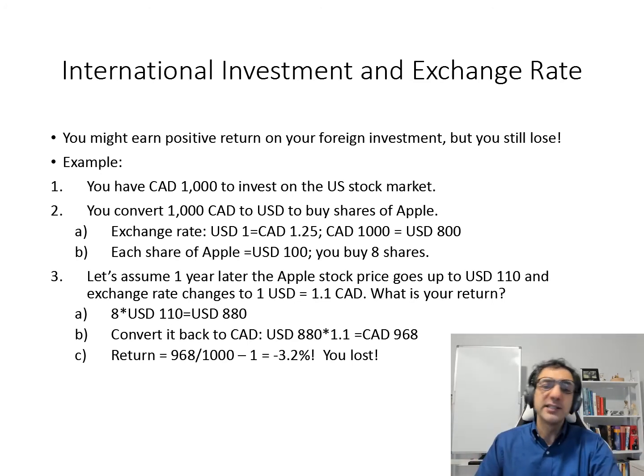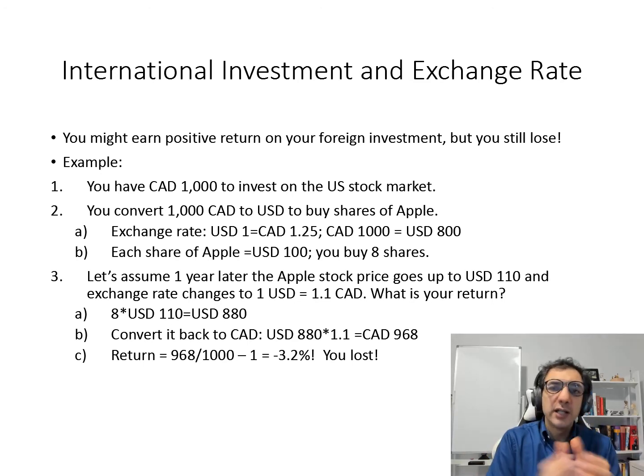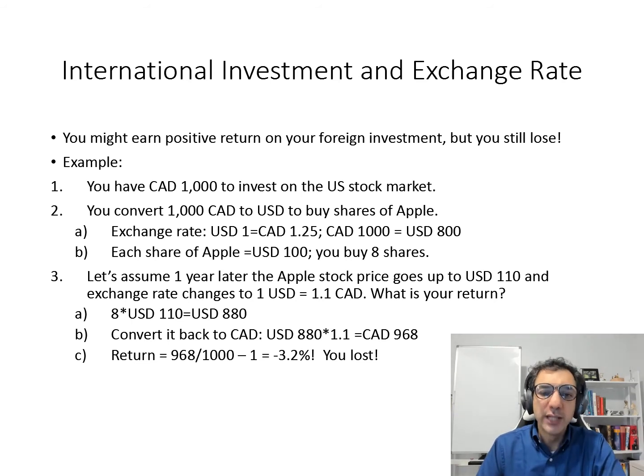Now, let's look at this example. Let's assume you have 1,000 Canadian dollars and you intend to invest in the US market, and the current exchange rate is 1.25. So for each US dollar, you have to pay $1.25 Canadian. When you convert 1,000 Canadian dollars to US dollars, you get 800 US dollars.